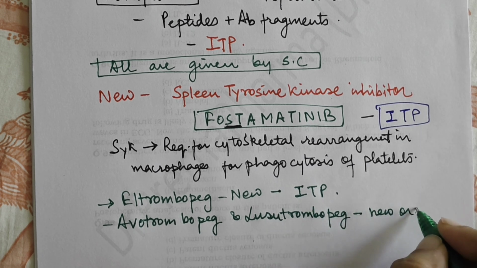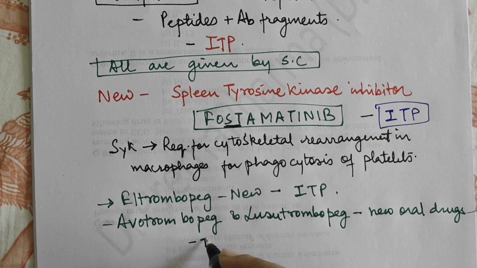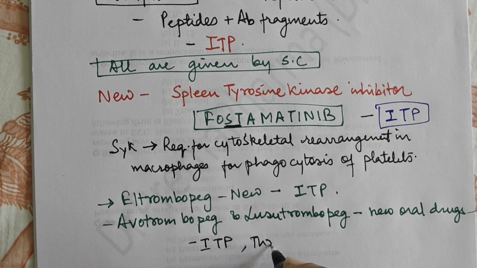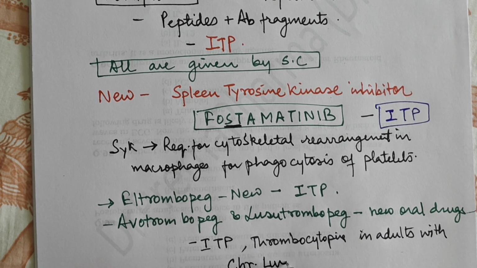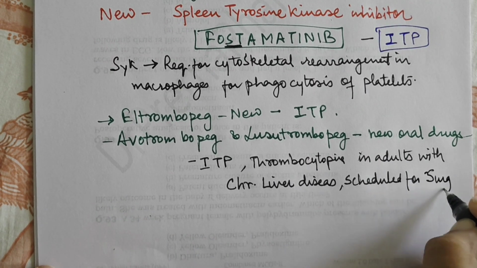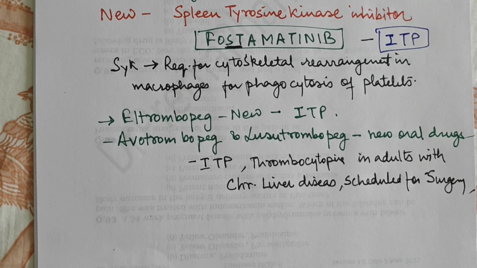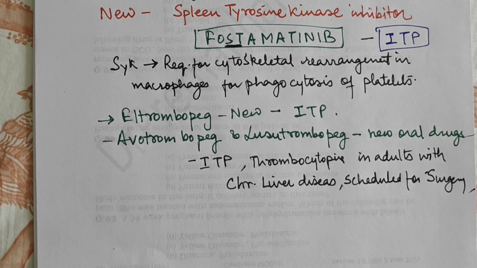These are new oral drugs, again used for ITP, thrombocytopenia in adults with chronic liver disease scheduled for surgery. Okay, avatrombopag and lusutrombopag are new oral drugs which are used in ITP, thrombocytopenia in adults with chronic liver disease who are scheduled for surgery.